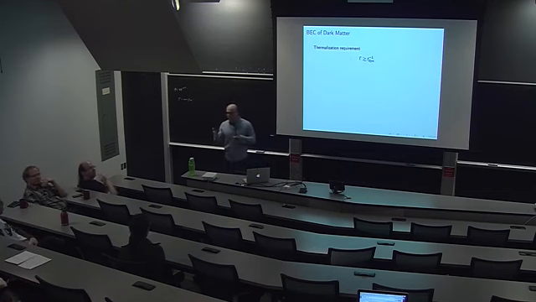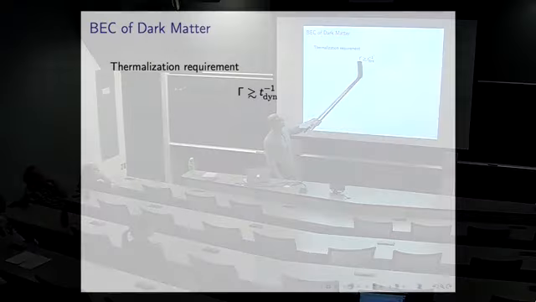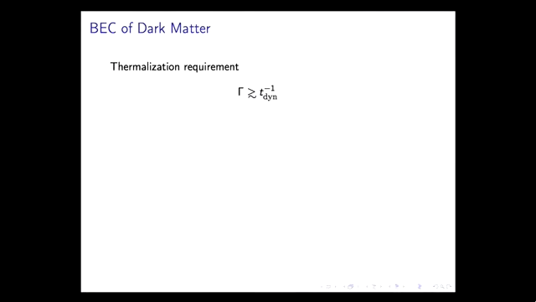Of course, the degeneracy is not sufficient. The overlap of wave packets is not sufficient for the formation of Bose-Einstein condensate. Also, we need to make sure that the particles are in equilibrium, and the condition of equilibrium is that the interaction rate should be bigger than the dynamical time for the galaxy.